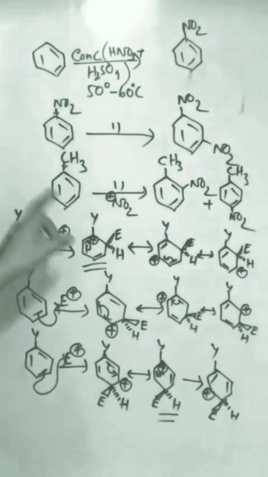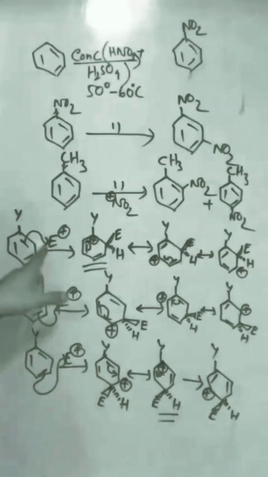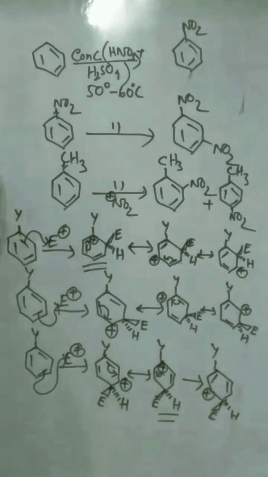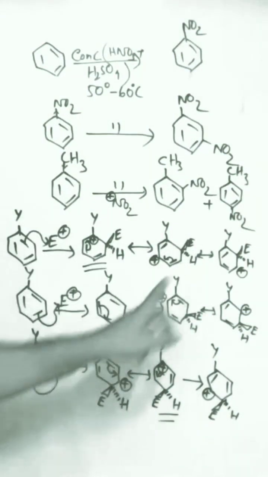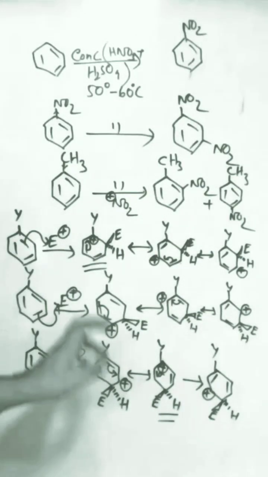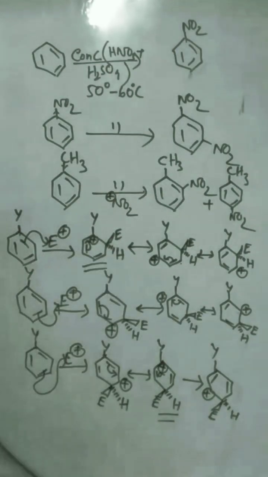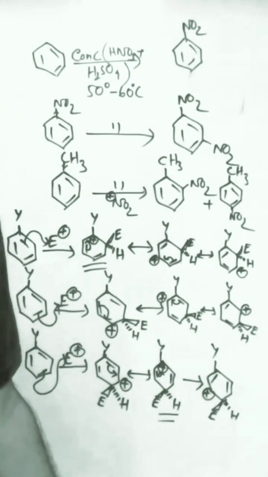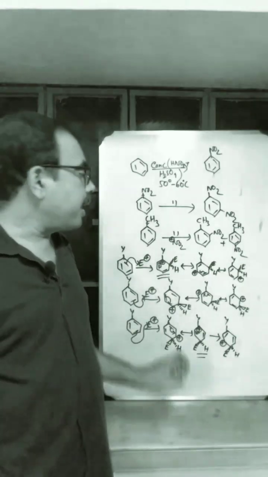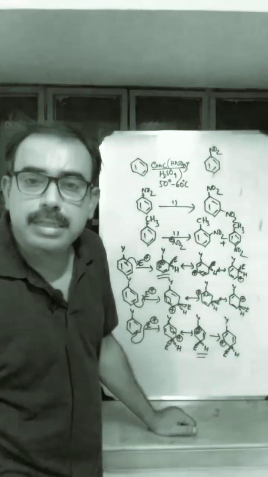That's why, if Y has minus I inductive effect, the incoming electrophile will not have any tendency to follow this pathway and will not go to ortho or para position, because if it goes there, two resonating structures will be formed which will be very unstable due to the minus I inductive effect of the substituent already present.